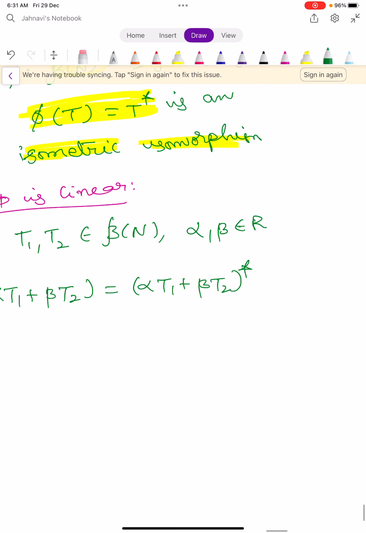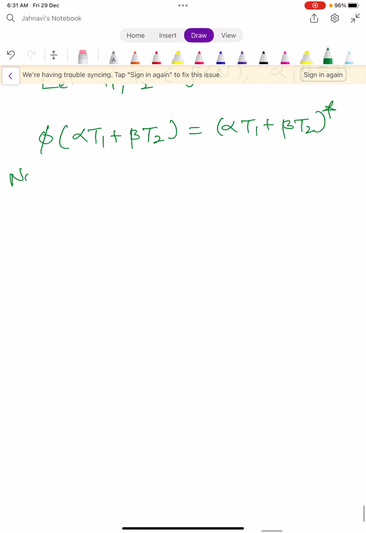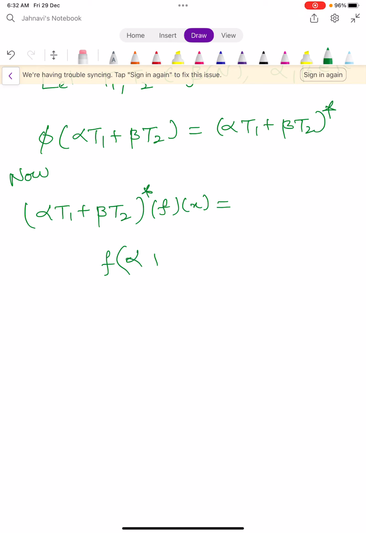So this can be written as: alpha T1 plus beta T2 whole star of f of x is equal to f into alpha T1 plus beta T2 of x, which is equal to f of alpha T1 of x plus beta T2 of x.